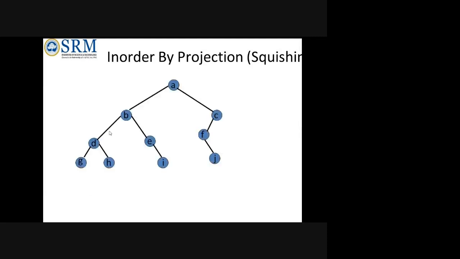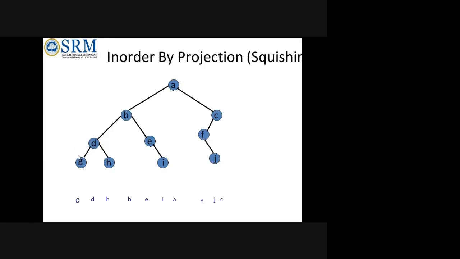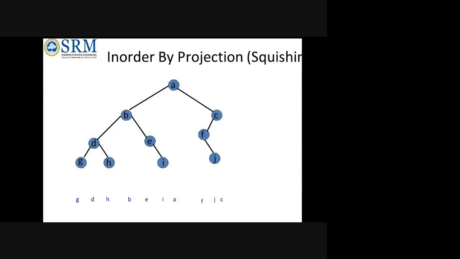Squishing rule is just a tricky technique. You have to write the tree in a stretched way, level by level, so that it will get printed in the straight order. This is what is called squishing.